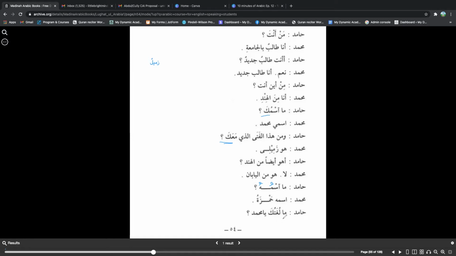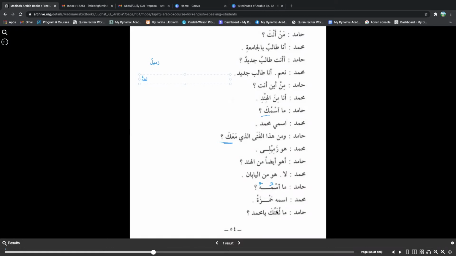Ma lughatuka ya Muhammadan. So now he's asking him, what is your language? So lugha by itself, okay, lam is lughatan, right? So once again, we're adding this possessive kaf, yani this pronoun, dhamir muttasil, to the word lughatan.